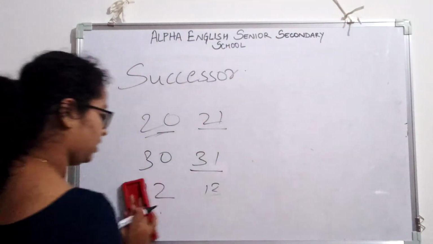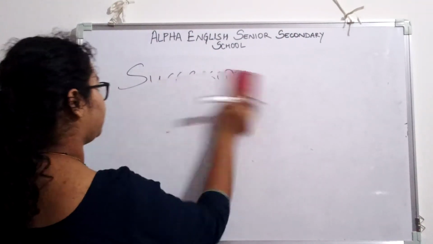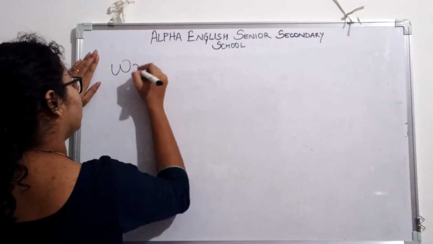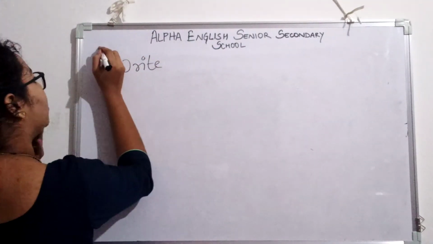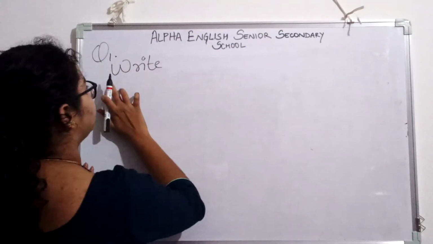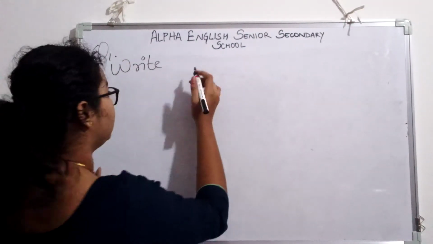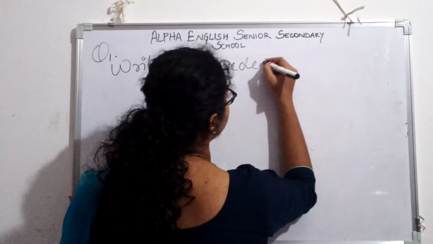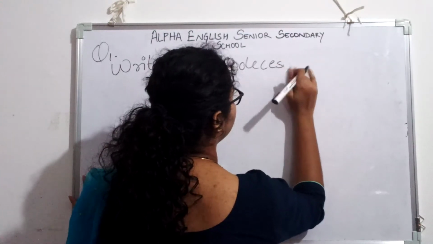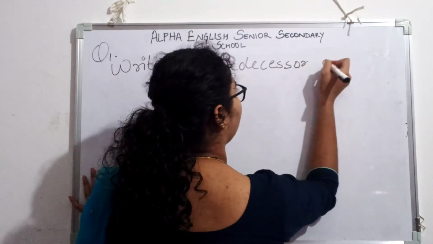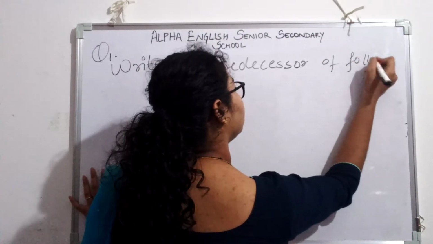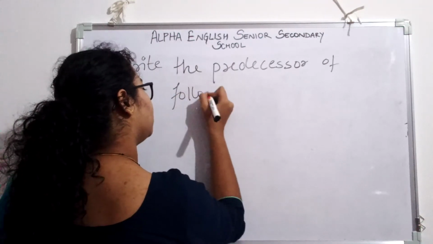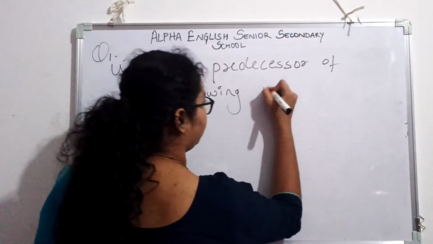So today's homework. Question number 1 is write the predecessor of the following numbers.